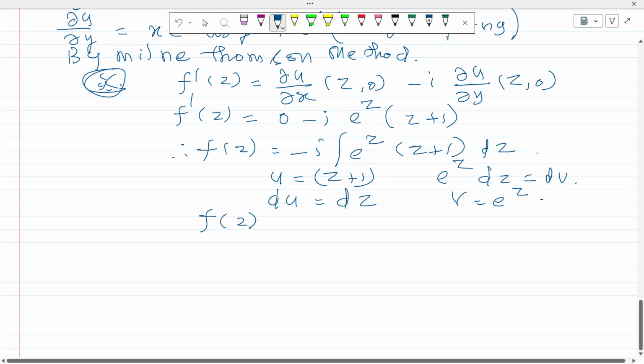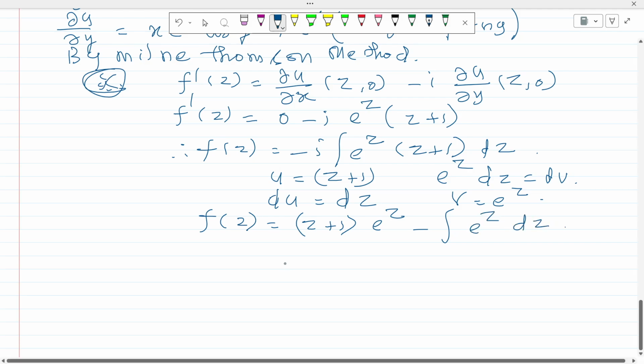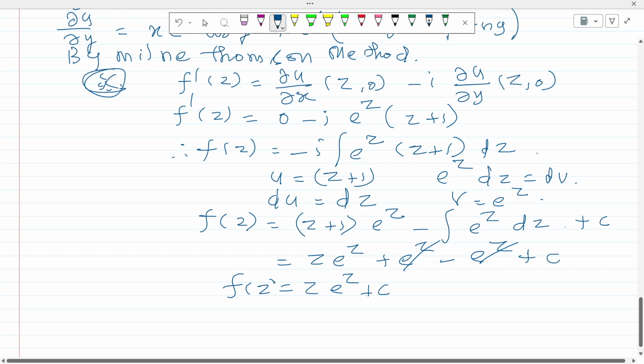Then f of z equals: u into v, that is (z plus 1) into e power z, minus integral of e power z dz. So z into e power z plus e power z minus e power z plus c. So e power z gets cancelled, and z into e power z plus c.